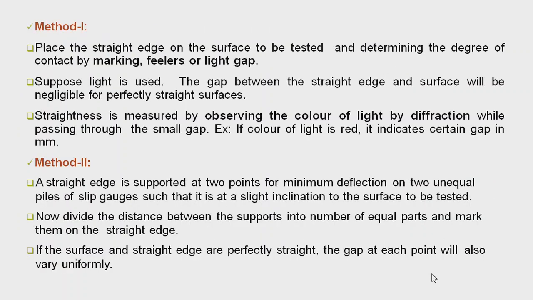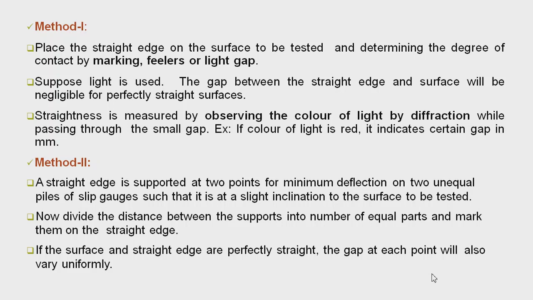Now how should we use straight edges? The method one is place the straight edge on the surface to be tested and determining the degree of contact by marking filler or light gap, as done in the case of tri-square. Suppose now we are supposing that the light is used. The gap between the straight edge and the surface will be negligible for perfectly straight surfaces.